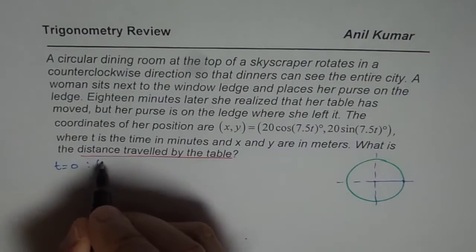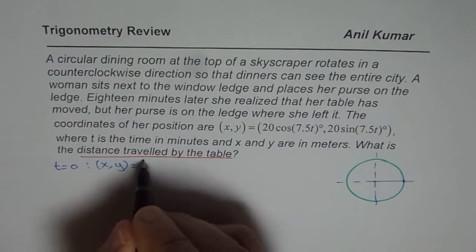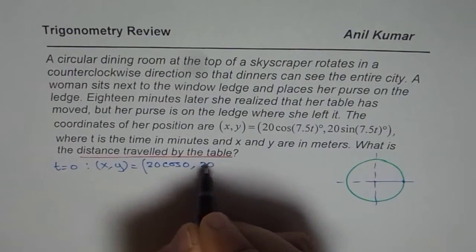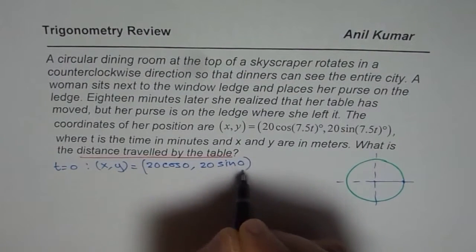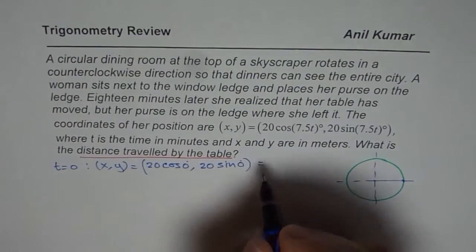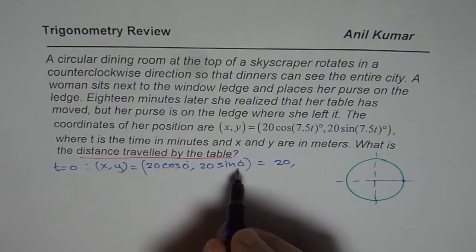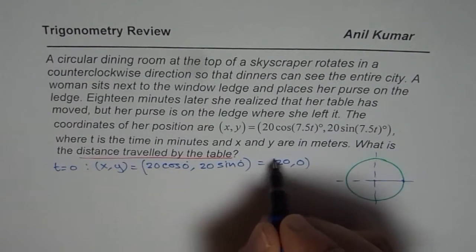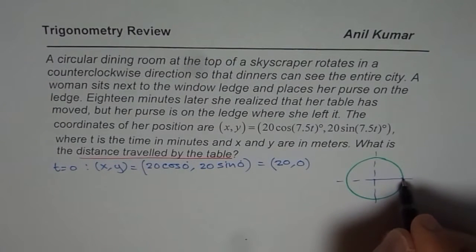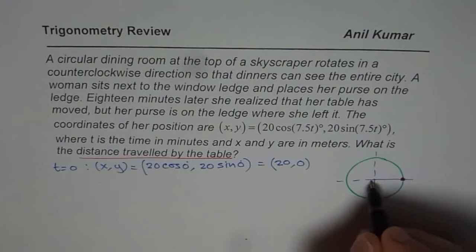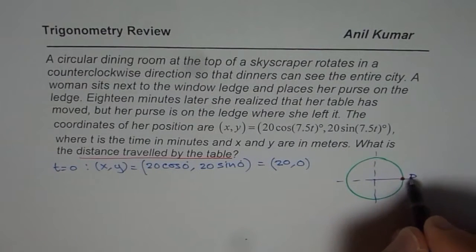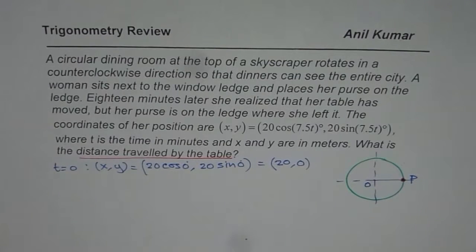According to this equation, (x, y) = (20 cos 0°, 20 sin 0°). These are in degrees. Now cos 0 is 1, so you get 20, and sin 0 is 0, so you get 0. So initially the position of the table is right there. So that's the circular table. This is your center, let us call this point P, and this is our origin O.